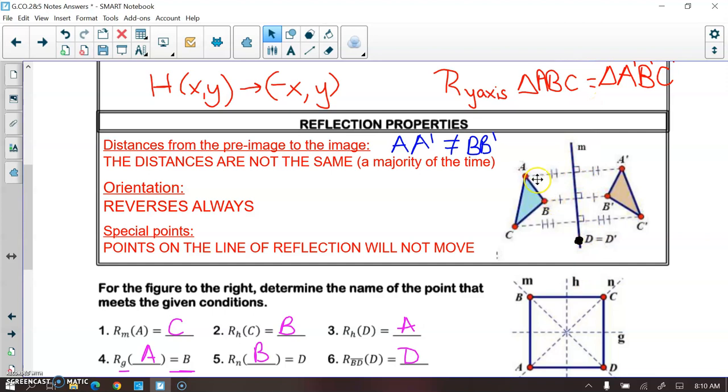So line M bisects A to A prime and also is perpendicular to A to A prime, which means that every point is going to travel perpendicularly to the line of reflection. The orientation of your figure always reverses in reflections, and then points on the line of reflection will not move. They'll stay on the line of reflection.